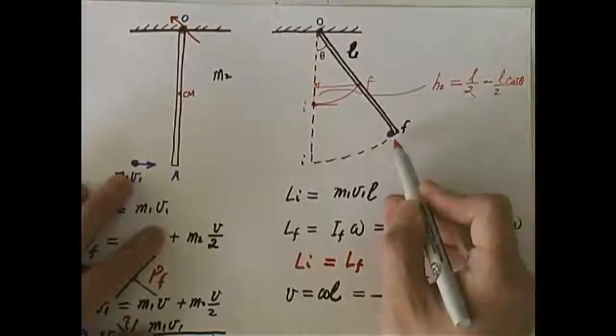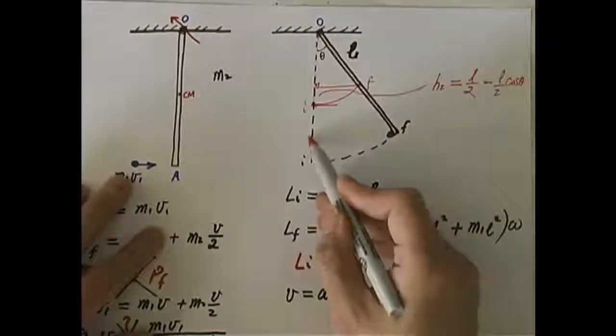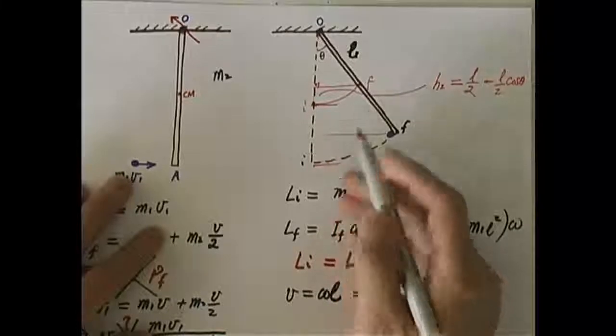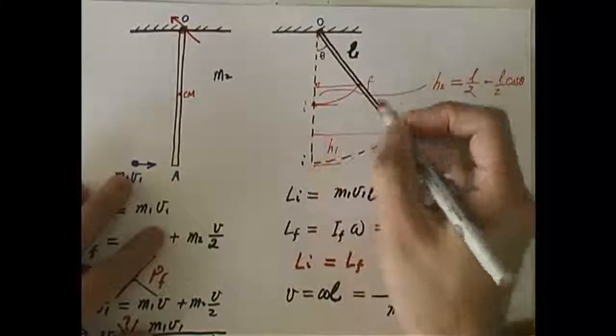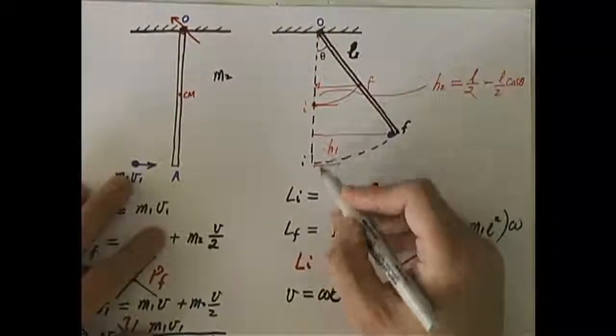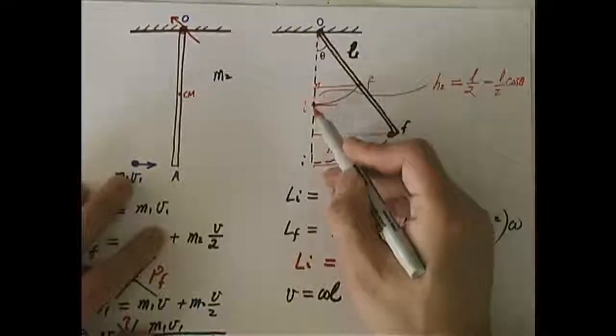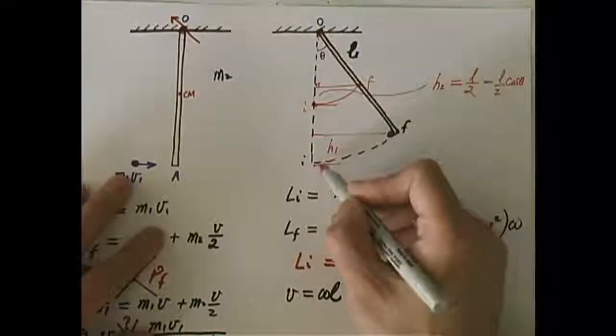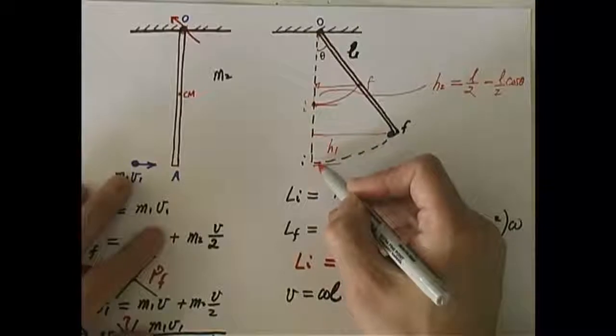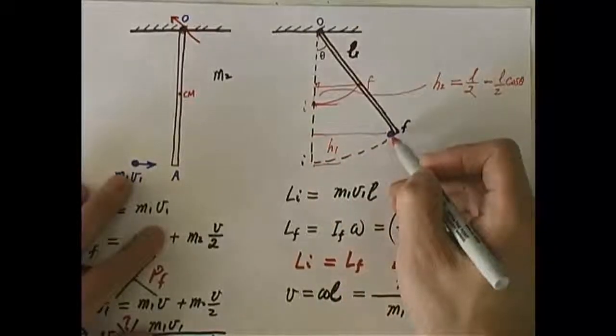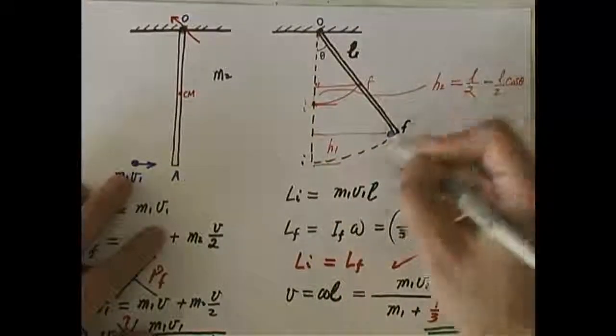Meanwhile, what happened to the point mass? It went up from here to there. Let's call it H1. For this one, it went up by H1. How do you compare H1 with H2? Well, the only difference is it goes through an arc with twice the radius, right? So H1 is 2 H2.